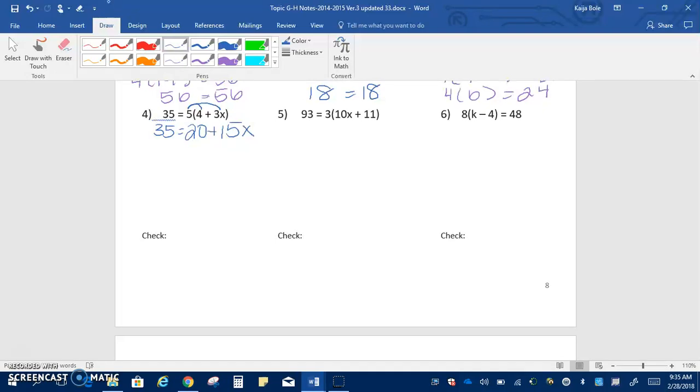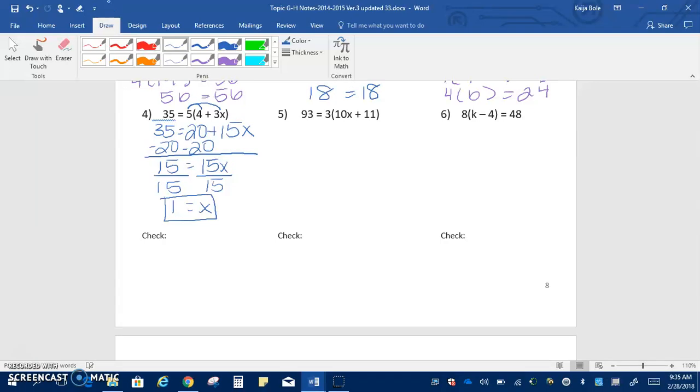So now we have to undo our addition here with our 20, so that means we have to subtract 20 from both sides. Remember, if you don't see a minus sign, that means you're adding. And we get 15 equals 15x. So to undo our multiplication, we divide by 15 on both sides. And we get 1 equals x.